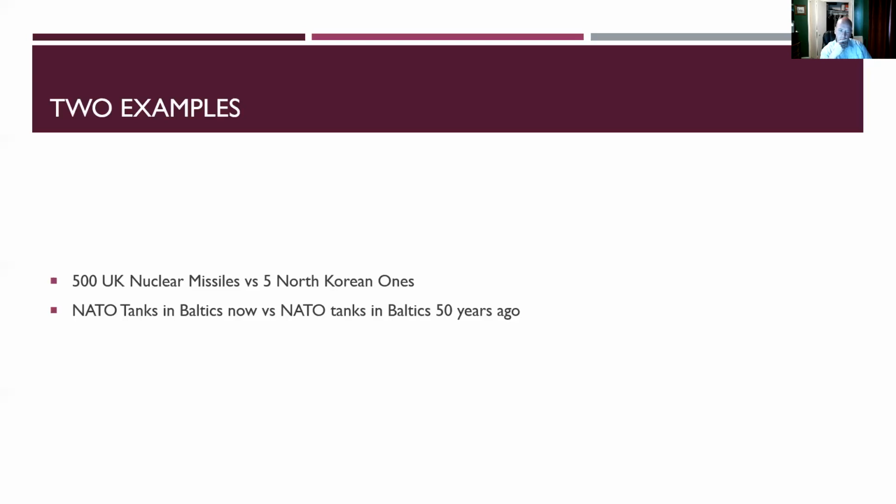And so, to have German tanks, I put NATO tanks, but German tanks as well, as part of that, to have them inside of what was the Soviet Union 50 years ago, it's got a different meaning now than it would have done in 1985, let's say. In 1985, NATO tanks in Lithuania would have been a completely different scenario than what it is now.